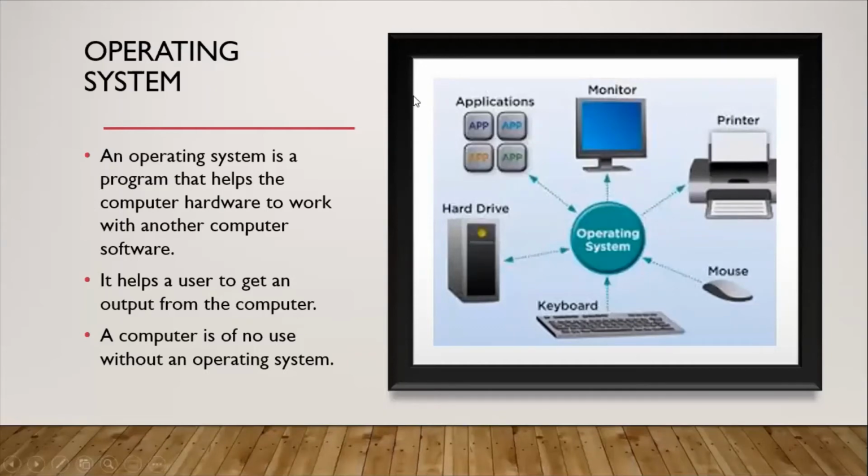Operating system. Okay, look at this picture. Monitor, printer, mouse, keyboard, hard drive. All these are computer hardware. And here you see the applications. These are the software. The operating system helps the computer hardware to work with other software.